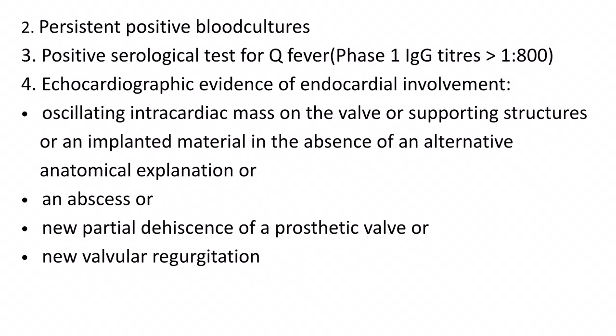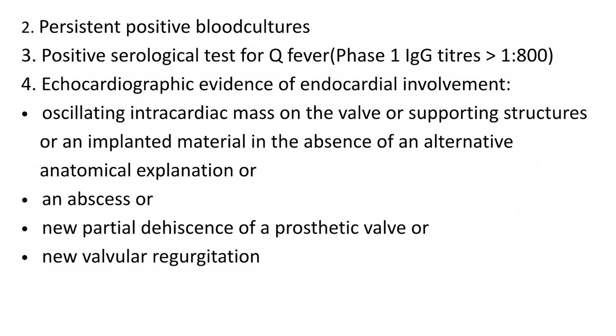The second criterion is the persistent positive blood cultures. Now, why is the word persistent added to this criterion? This means the recovery of the microorganism should be consistent with endocarditis and it should be positive in blood samples which are obtained 12 hours apart, or 3 to 4 closely drawn samples within a span of 1 hour should show the same growth of the organism.